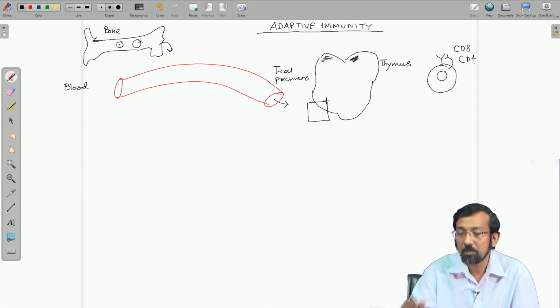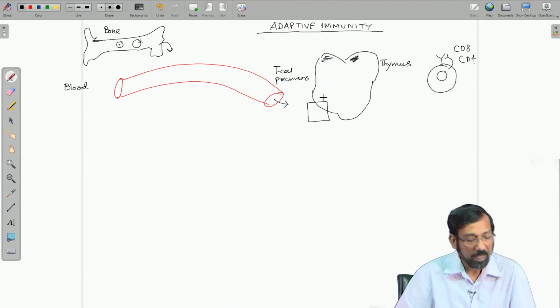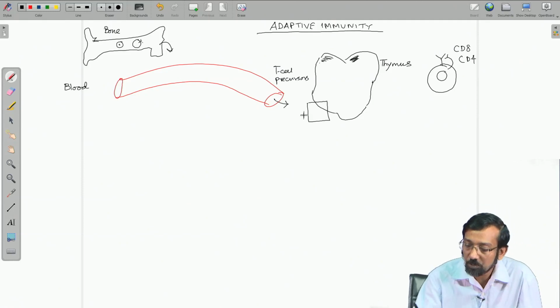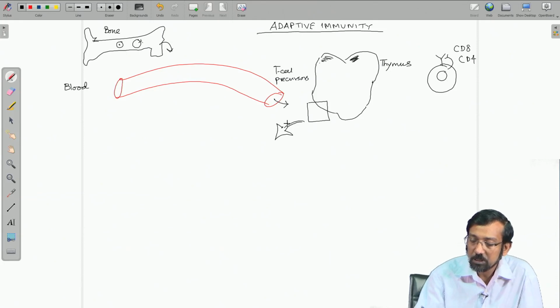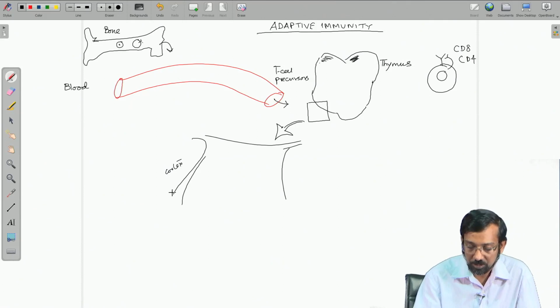So, these T cell precursors enter into the thymus, and if you have a magnified view of this, you will see there is a cortex region and a paracortex region.